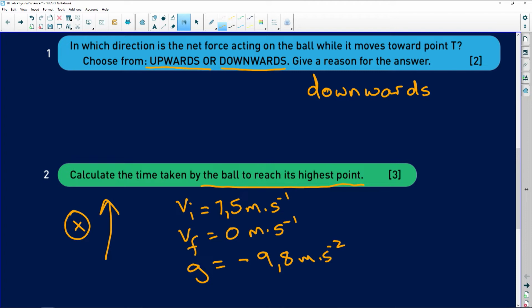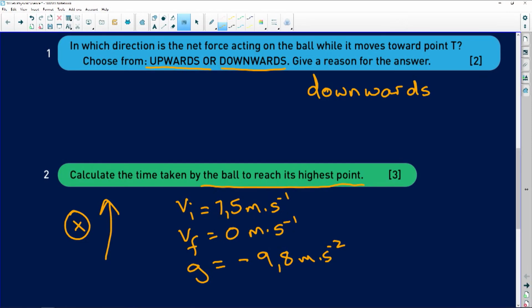So always watch the direction. You always start by selecting a direction as positive or negative, and then always remember g always acts downwards. Once you've selected the direction for these questions, stick with it. You can't keep changing the direction. If you're taking up as positive throughout the entire question, you stick with that. If you took up as negative, that's perfectly fine, but you must just stick with what you selected.